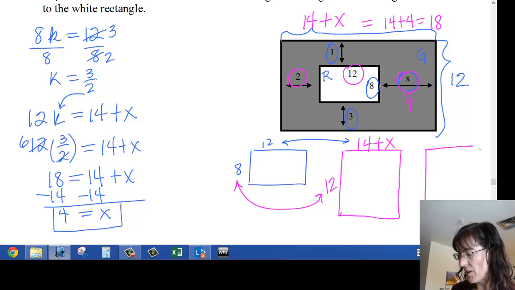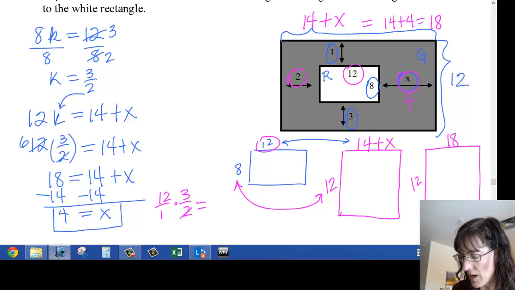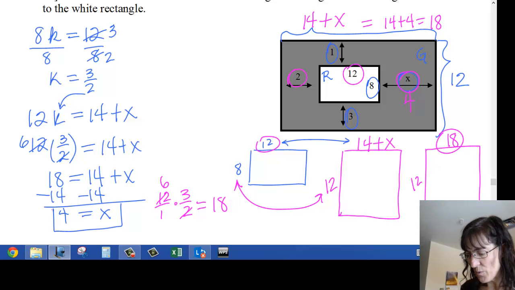So then I have a 12 by 18 rectangle that I'm saying is similar to this 8 by 12 that I started with, the white one inside. And so I know 8 times 3 halves is 12. So if I take 12, which is my other side here, 12 times 3 halves, I should get 18, and 6 times 3, so I get 18, and that is my other side. So 4 is the value that I need for the x.